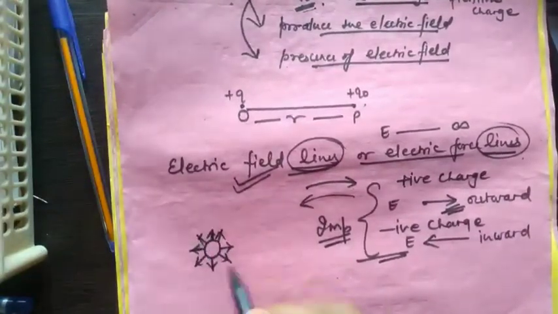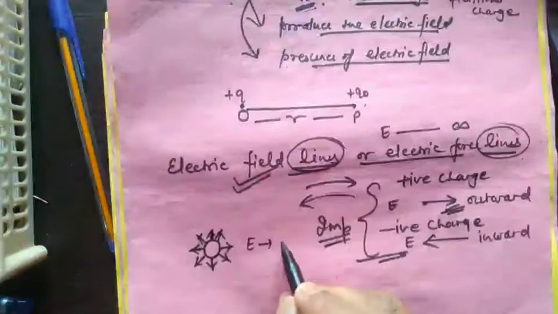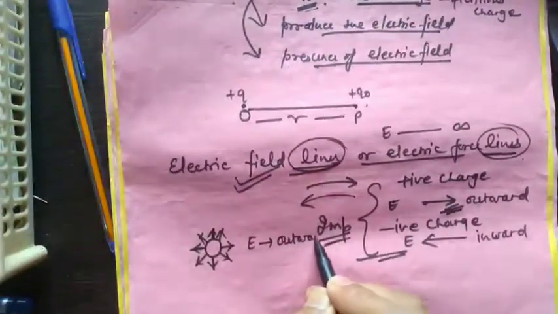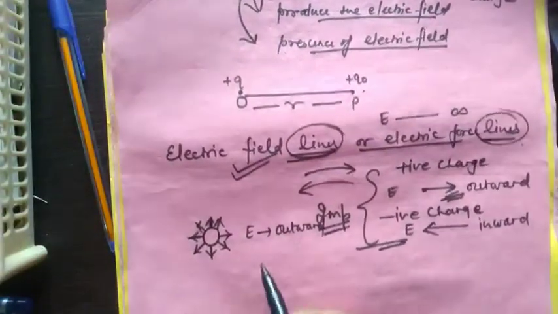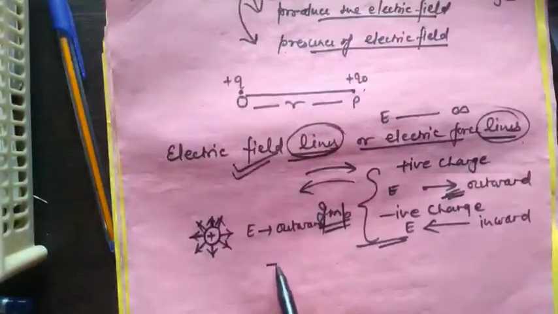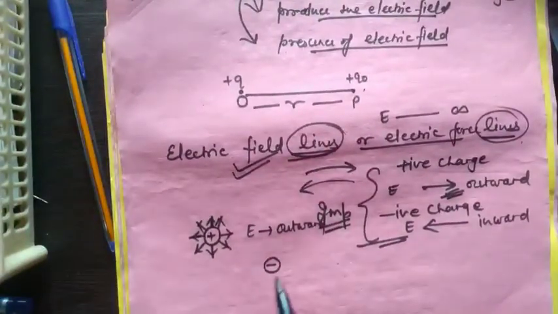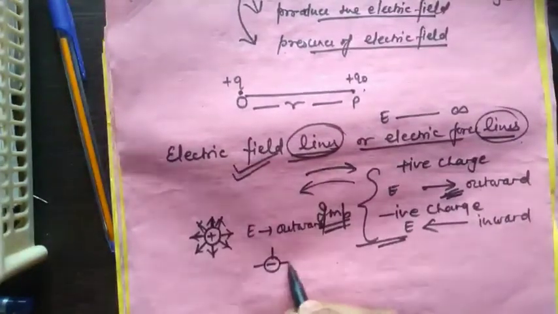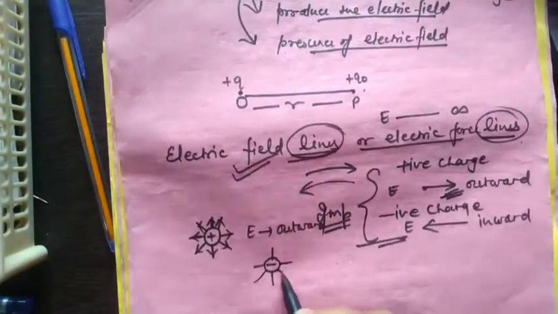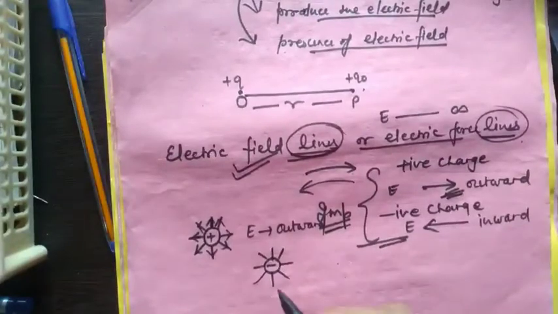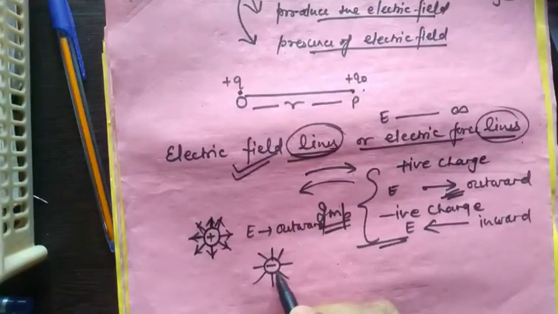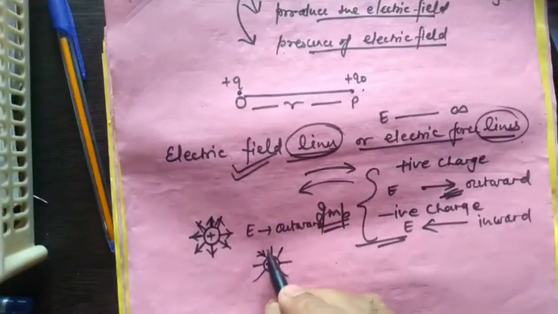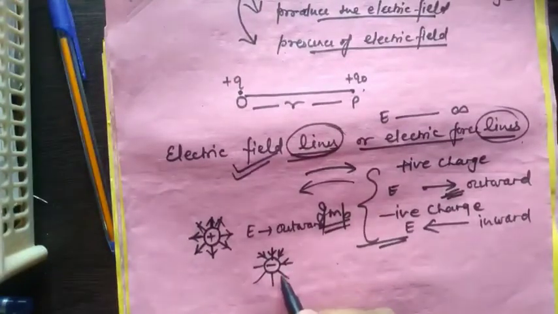And if we have a negative charge sphere and draw the electric field lines, then the electric field lines due to this negative sphere will be inward.